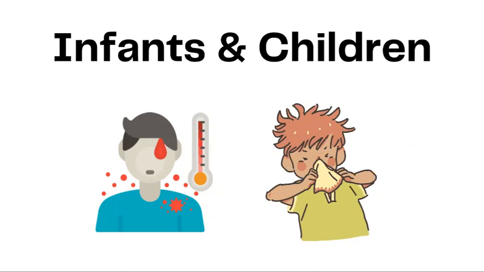And the RSV in very young children can cause irritability, decrease in their activity, decrease in their appetite, or even cause apnea, meaning they have pauses in the breathing of more than 10 seconds.